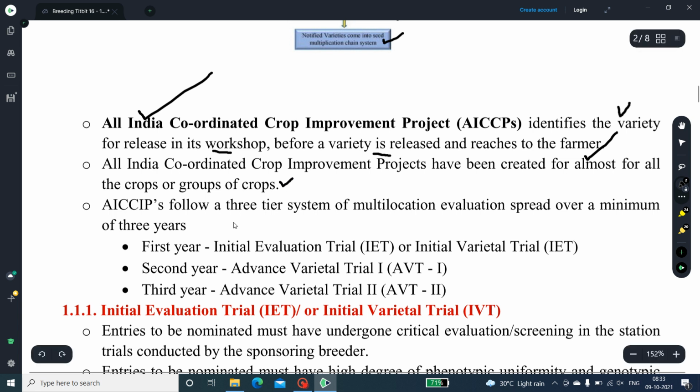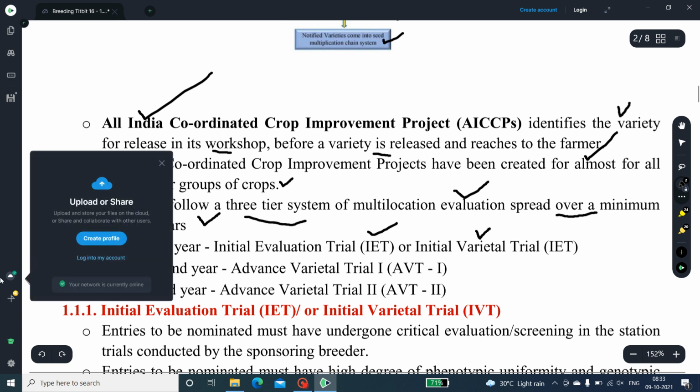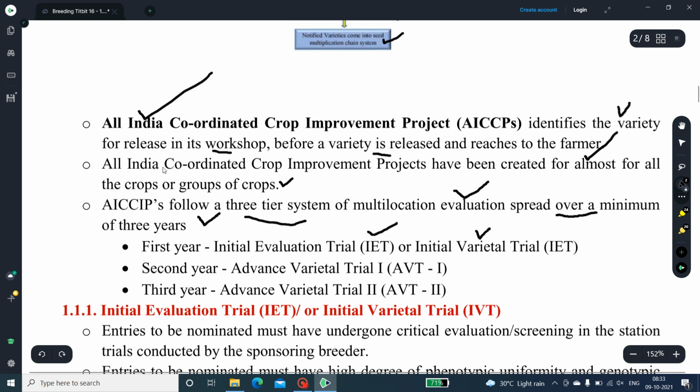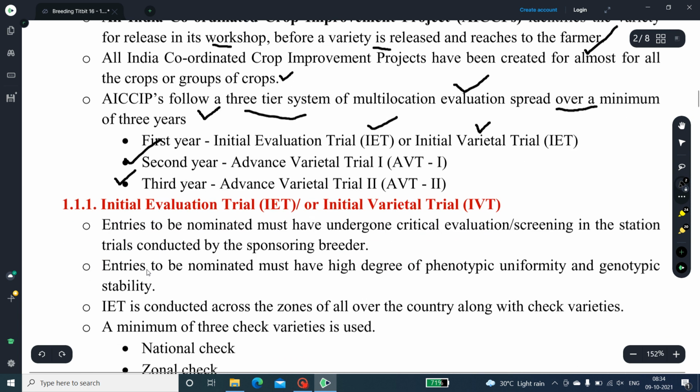This project follows a three-tier system of multi-location evaluation spread over a minimum of 3 years. During the first year, the initial evaluation trial or initial varietal trial is conducted, in the second year the advanced varietal trial 1, and subsequently in the third year the advanced varietal trial 2 will be conducted.